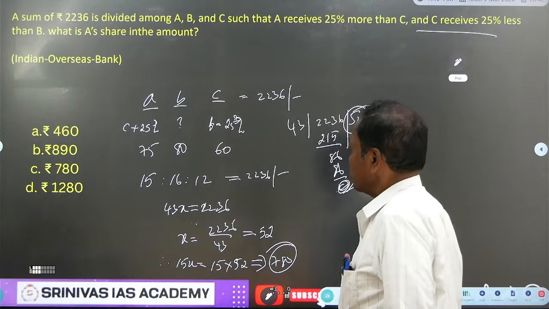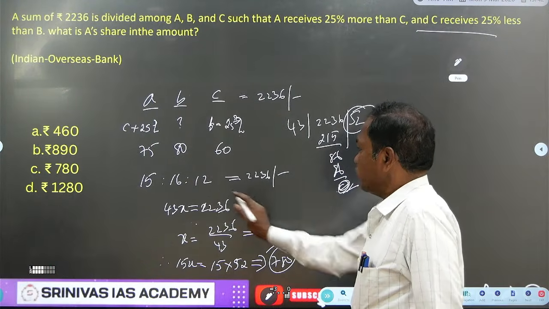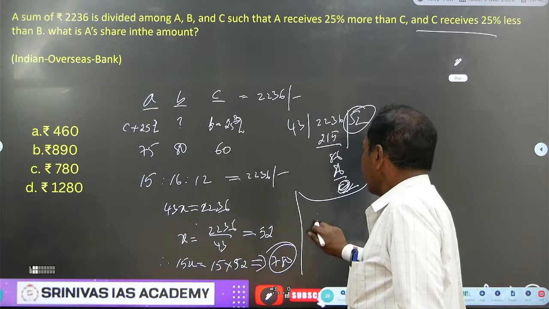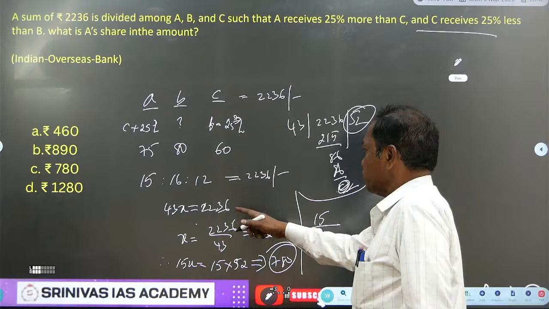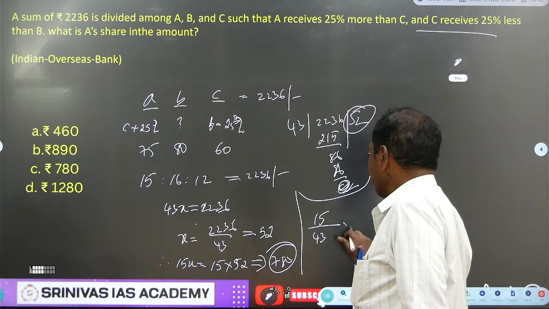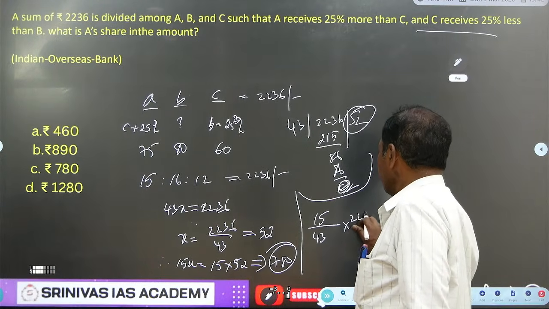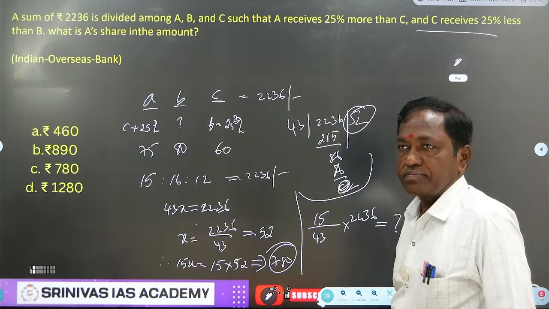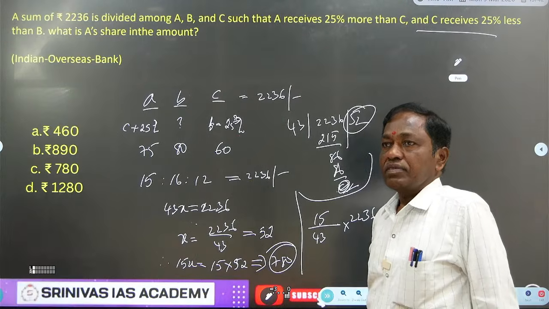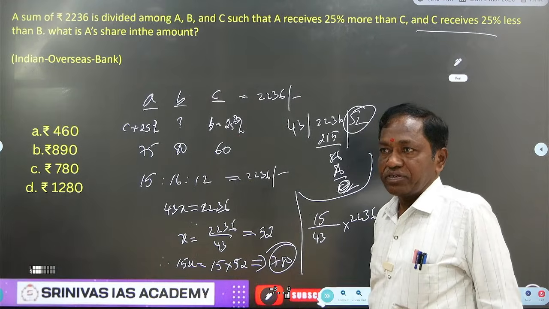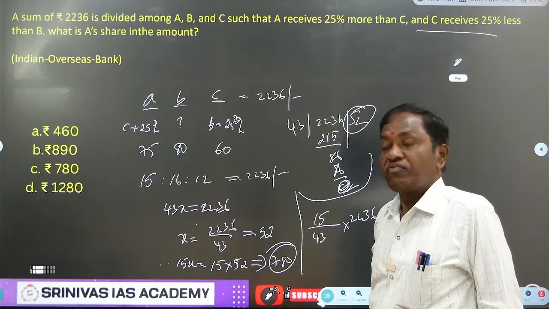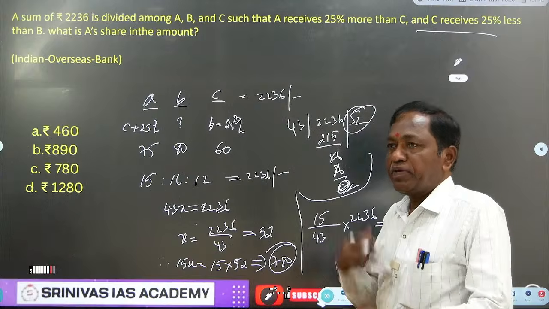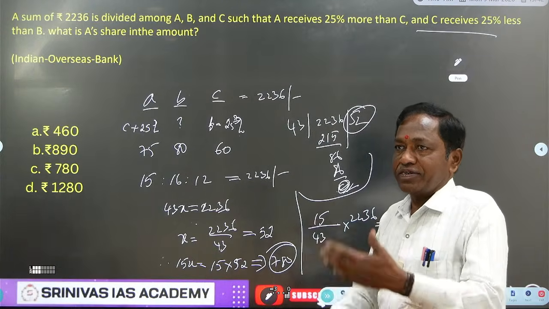What is the short process you can do? What is the total ratio? 43. What is the ratio of A? Short process you can take: 15 out of the total ratio 43, multiplied by 2236. Yes, this is the short process. If you find the x value, it takes more steps, for any question in entire aptitude. Finding the x value and then multiplying it is a duplication of work.